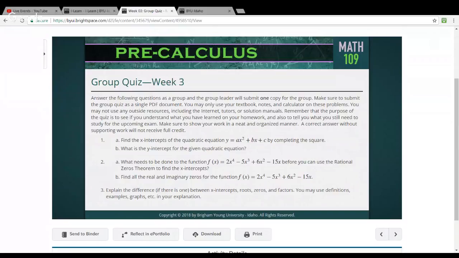B over 2a. So you pulled a out, but how did that affect b again? You're going to end up with a, and then in parentheses, x squared minus b over a x, and then plus c.